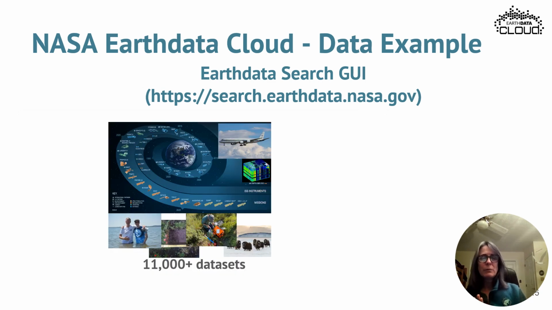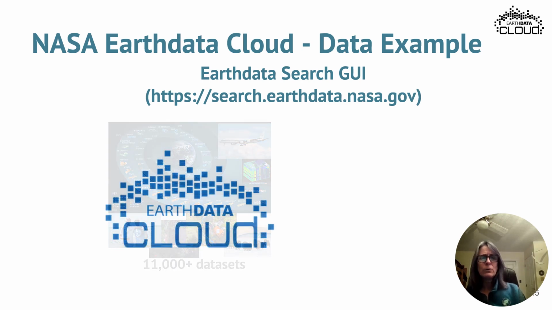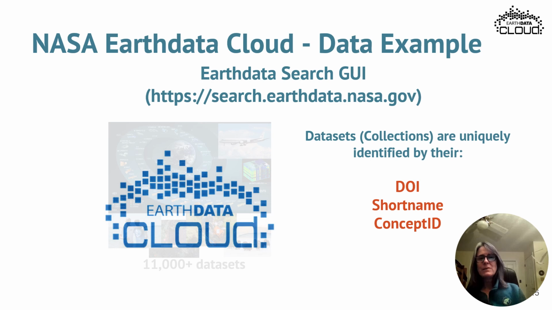So just to back up a minute, that was one example of a data set, but remember there are over 11,000 data sets, and all of these are now co-located in Earthdata Cloud. So when you start programmatically accessing these data, it makes sense that each collection is going to have a unique identifier, so that when you start programmatically discovering that data, you can find the exact data set that you want.